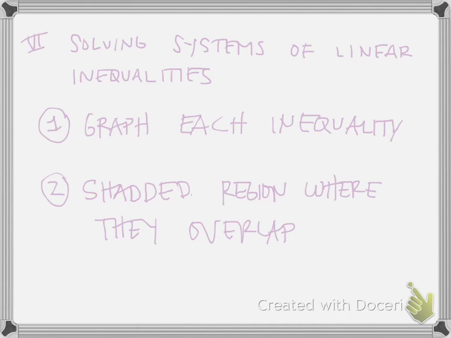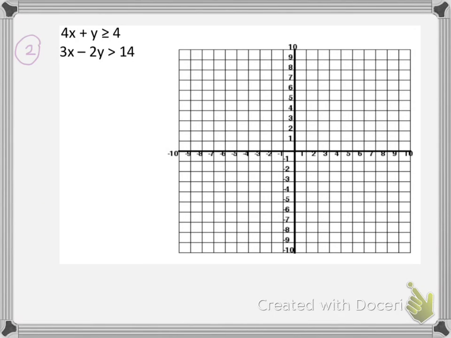Okay, so in each one of these, the first one, we need to solve for y. So y is going to be greater than or equal to, if I move the 4x to the other side, it's going to become a negative 4x plus 4.